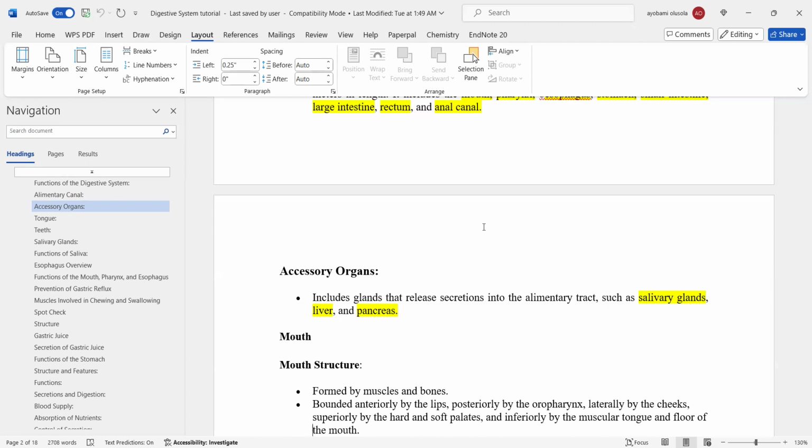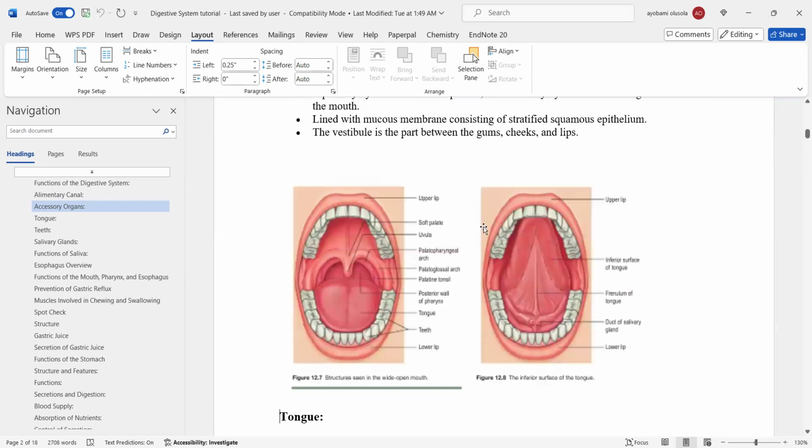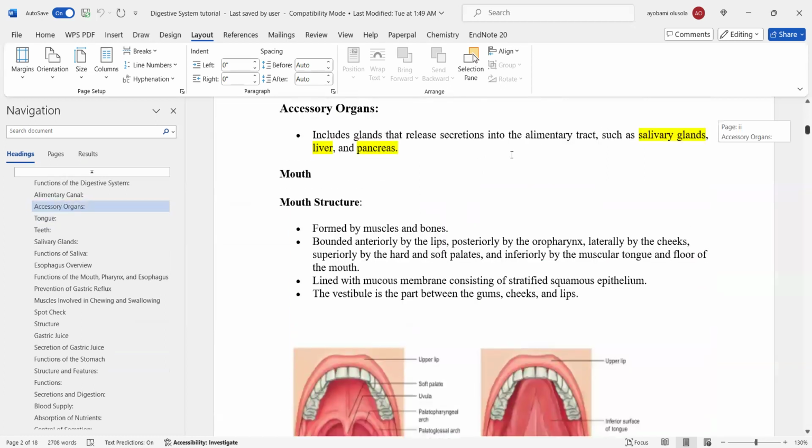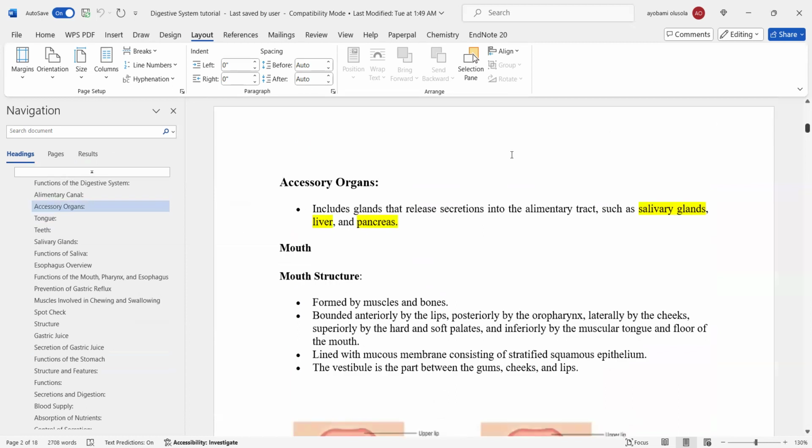Examples of accessory organs include salivary glands, liver, and pancreas. So let's now run through both the alimentary canal and the accessory organs. So let's talk about the mouth.